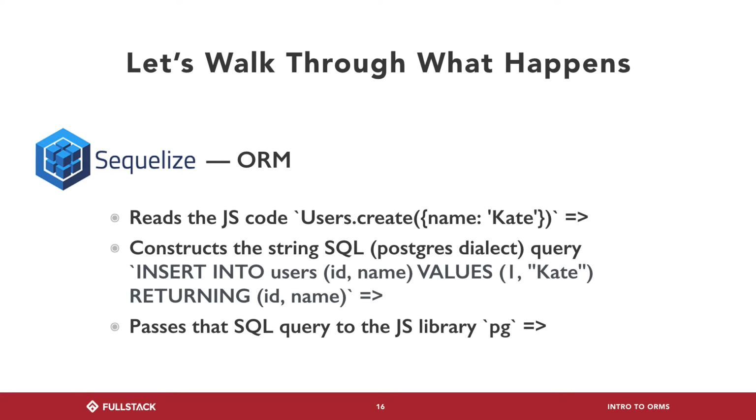What happens? We have Sequelize read the JavaScript code users.create, which is a method it gives us. It constructs some sort of SQL string in the Postgres dialect, insert into something, like what you were having to write with Twitter SQL for PG. And it passes this SQL query to PG.